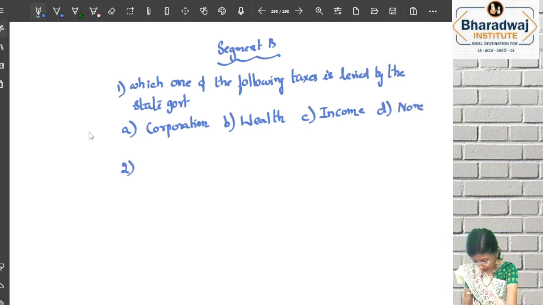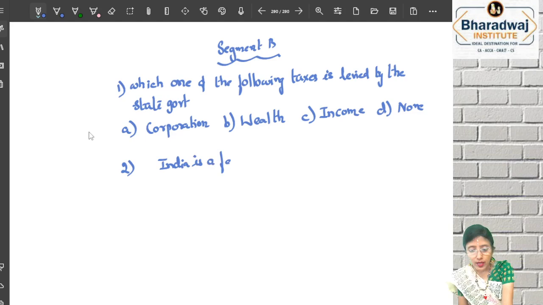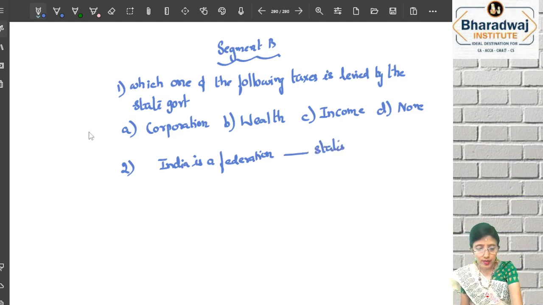Okay. India is a federation of dash states and dash union territories. Now without options you can do this, I am sure.